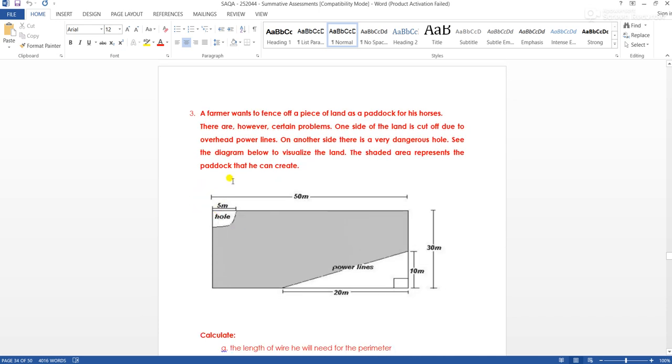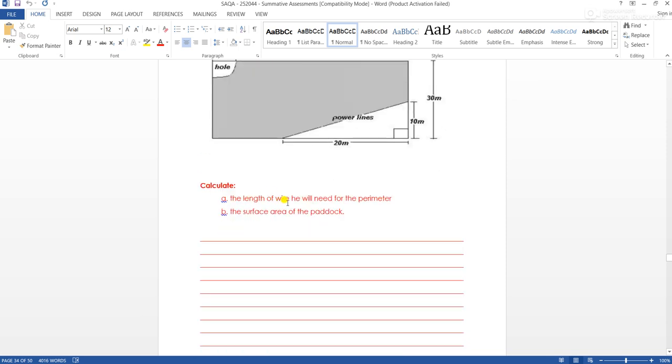Activity 3, a farmer wants to fence off a piece of land as a paddock for his horses. There are, however, certain problems. One side of the land is cut off due to overhead power lines. On another side, there is a very dangerous hole. See the diagram below to visualize the land. The shaded area represents the paddock that he can create.